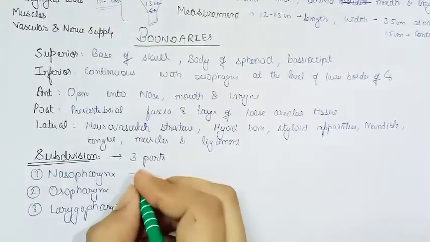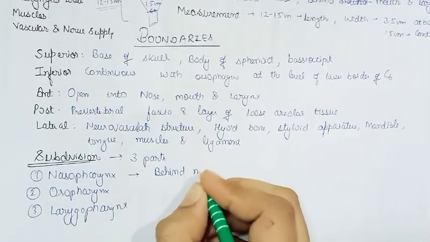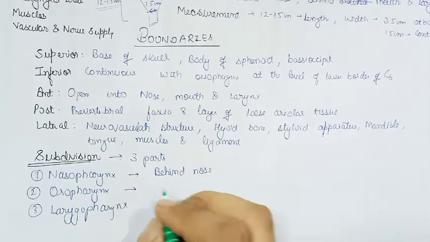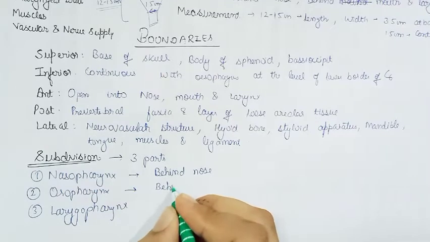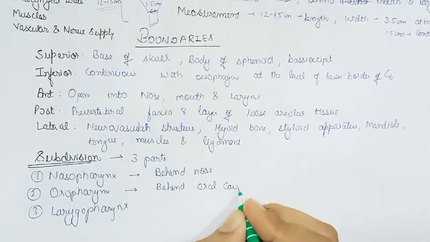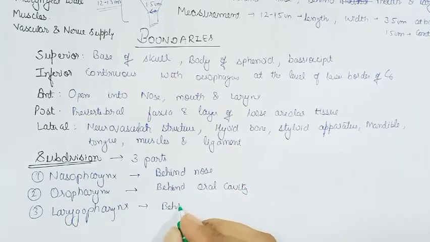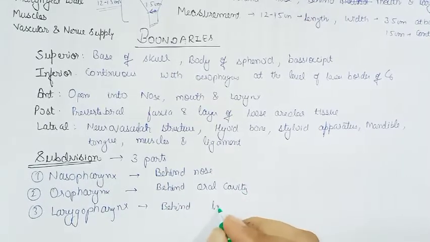Nasopharynx is present behind the nose, oropharynx is present behind the mouth or behind the oral cavity, and laryngopharynx is present behind the laryngeal cavity or behind the larynx.